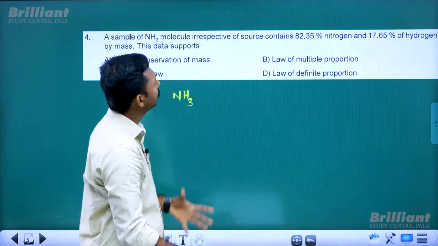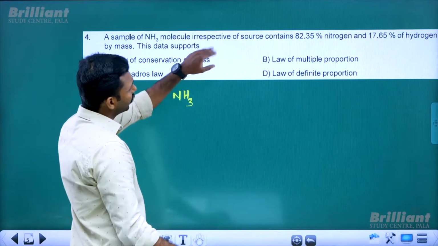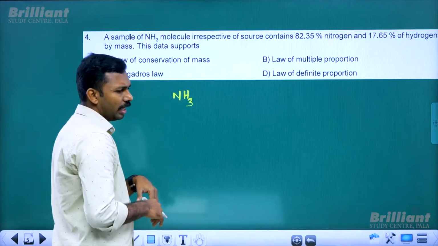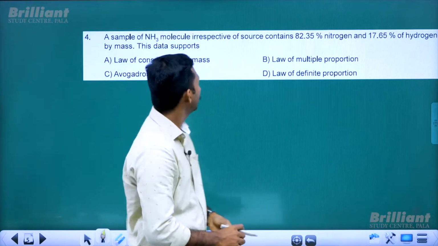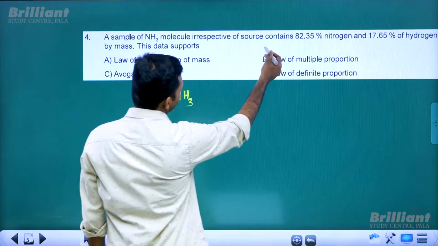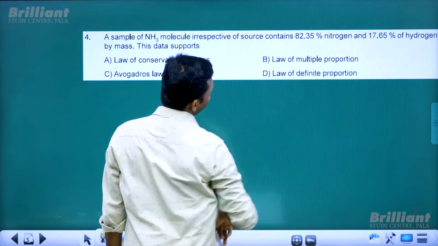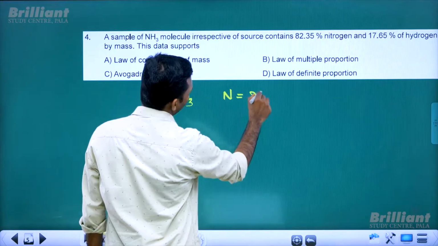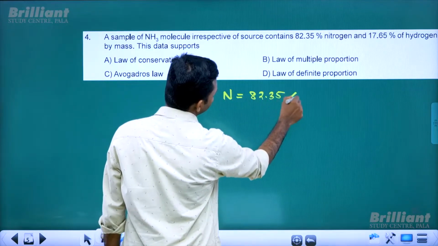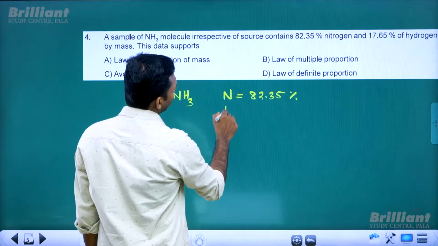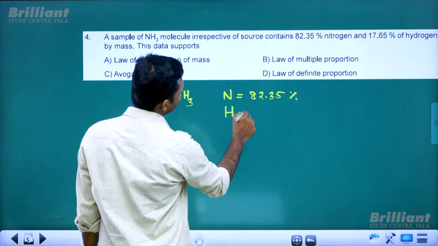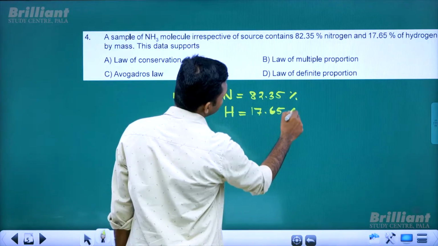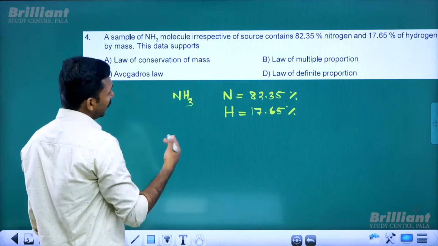Irrespective of the source means independent of the source, any source we can consider. So, irrespective of the source, it contains nitrogen equal to 82.35% and hydrogen equal to 17.65% by mass.